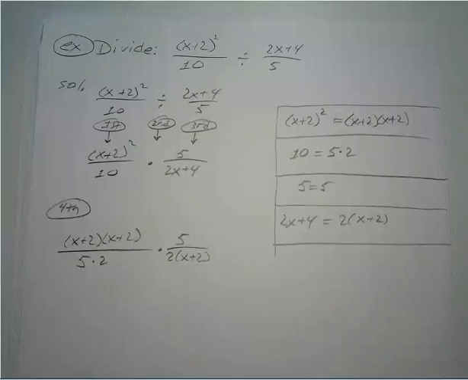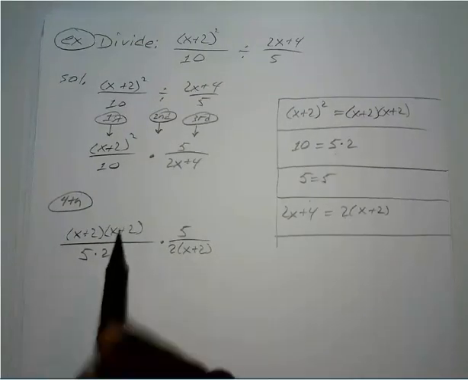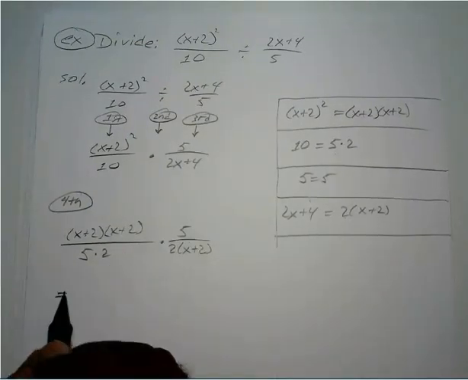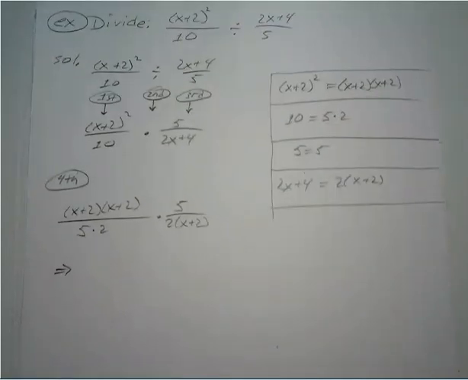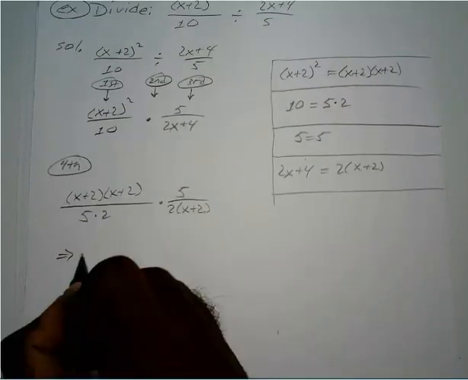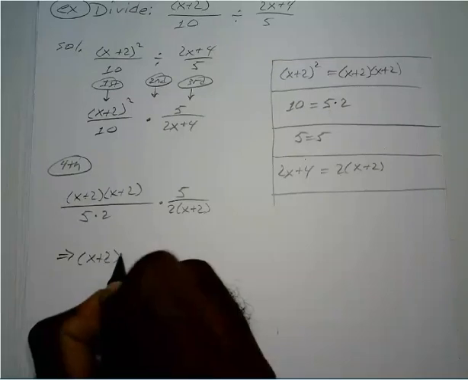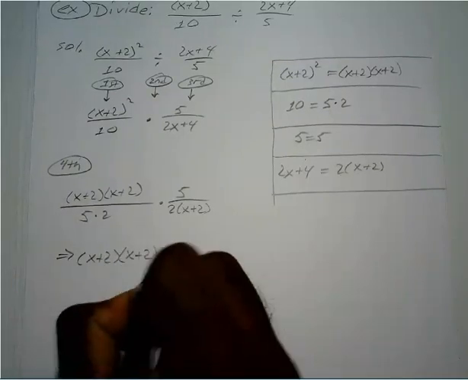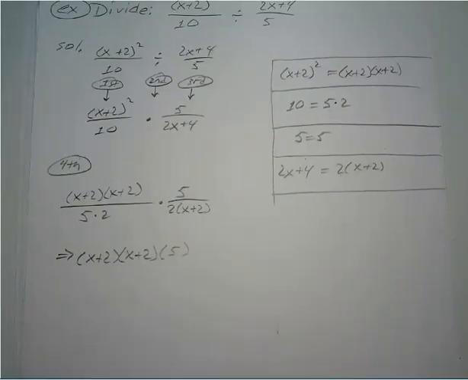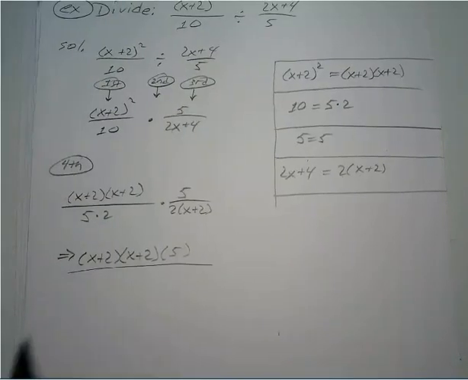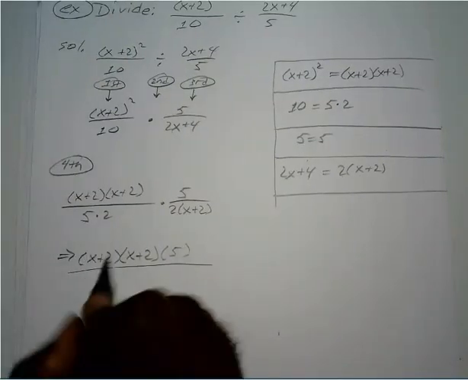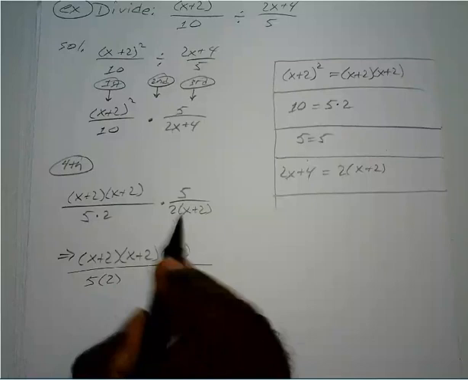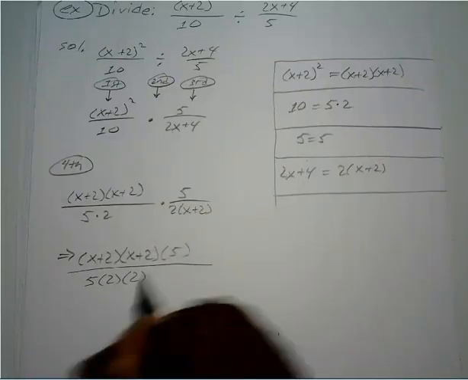You can start canceling here, or you can just bring it all together on one fraction, whichever one you're comfortable with. So you have x plus 2 times x plus 2 times 5 over 5 times 2 times 2, don't forget that little 2 there, times x plus 2.